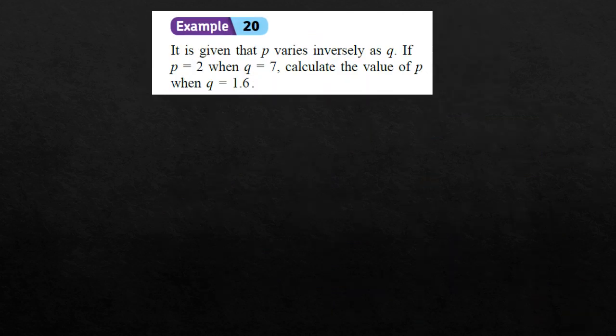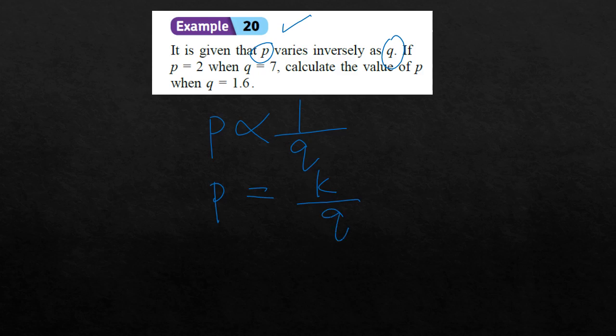Okay, next. Okay, we go to the last example, 20. It is given that P varies inversely as Q. Yeah. So you write it in equation form. It will be like this. And then your P is 2, your Q is 7.